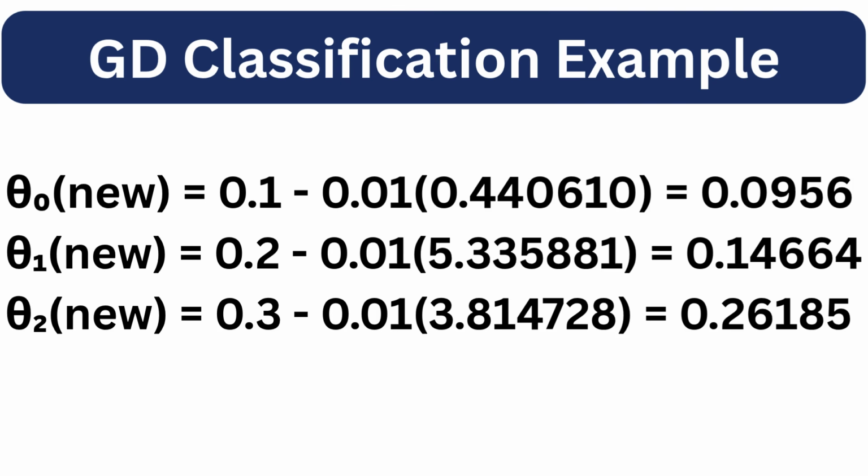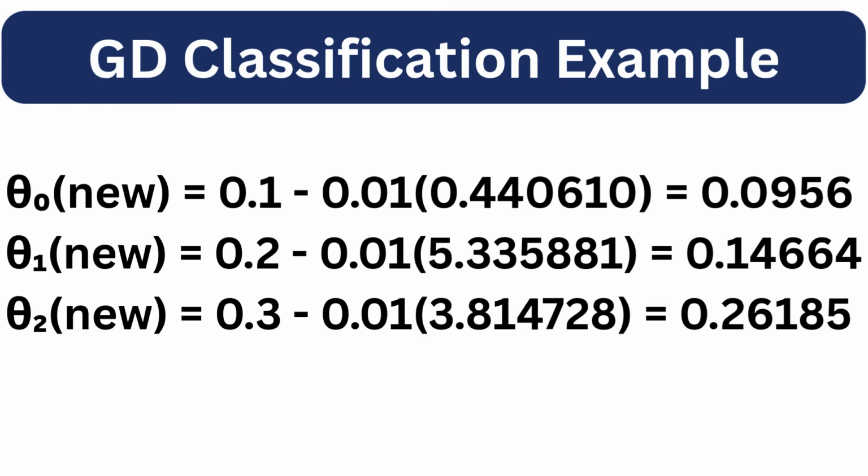Let's do the same for theta 1. The previous theta 1 is 0.2, the learning rate is 0.01, and the derivative of the loss function with respect to theta 1 is 5.33. We get the new parameter value of theta 1 equals 0.146. Now repeat this for theta 2.